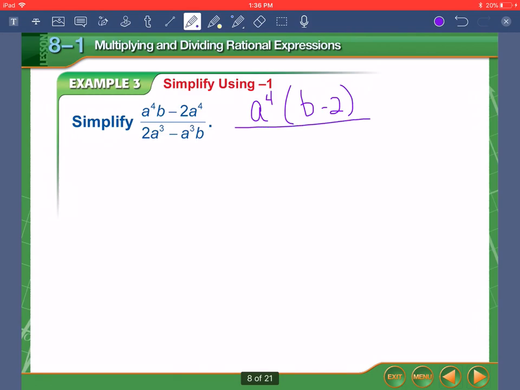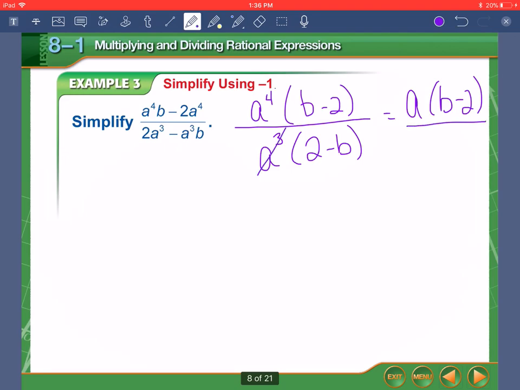Over in the denominator, I can factor out an a cubed, and I'm left with 2 minus b. I've got an a to the fourth on top and an a cubed on bottom, so I can simplify that and just have an a on the top. And then I've got b minus 2 over, so this is gone, and this becomes a 1.